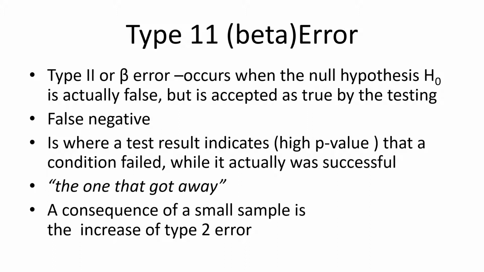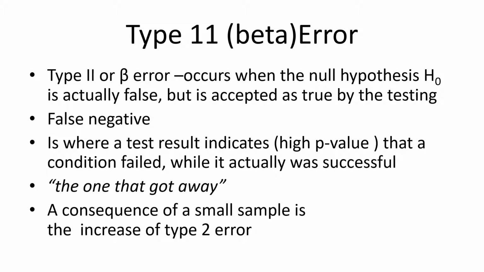Now you'll recall from the previous lecture a type 2 or beta error. A type 2 error occurs when the null hypothesis is actually false but is shown to be true by our probability testing, and we get a false negative. It is where a test result indicates a high p-value, that a condition failed when in actual fact it was successful, the one that got away.